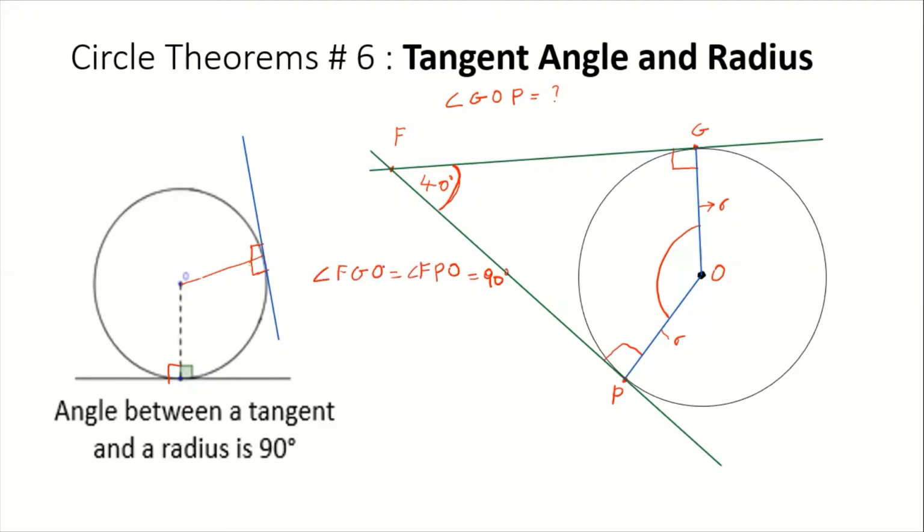And when you make this statement, you state how you know that these two angles are equal to 90 degrees: because an angle between a tangent and a radius is 90. So the reason would be angle between a tangent and a radius.